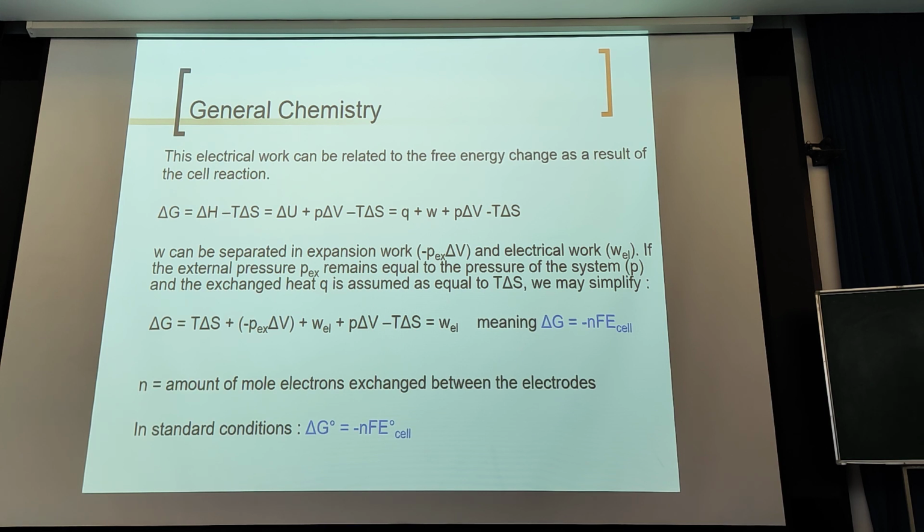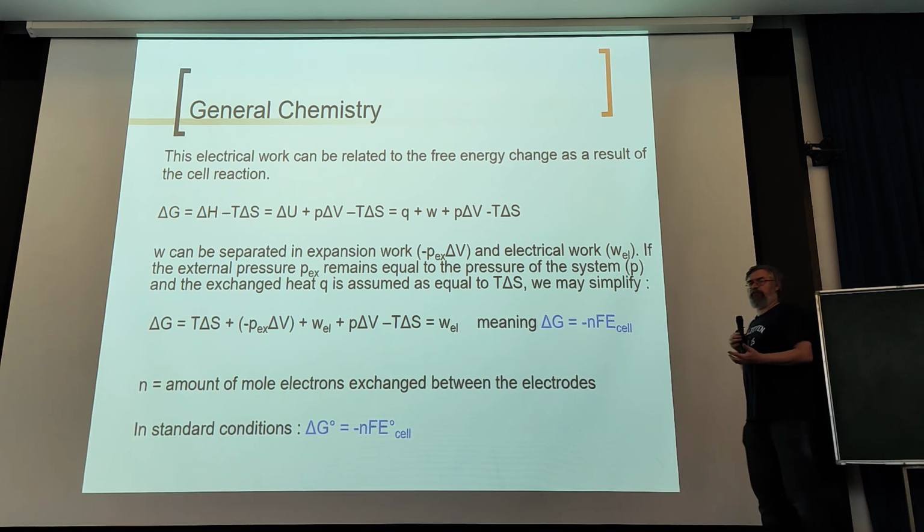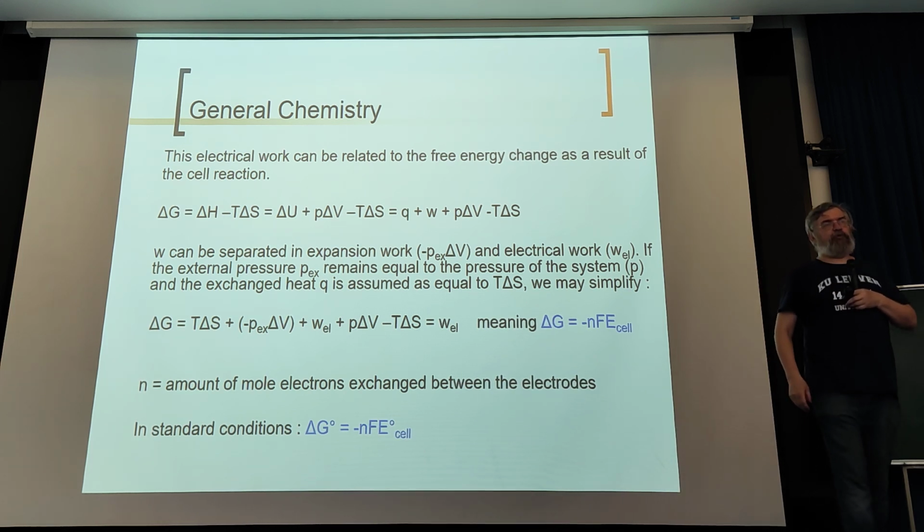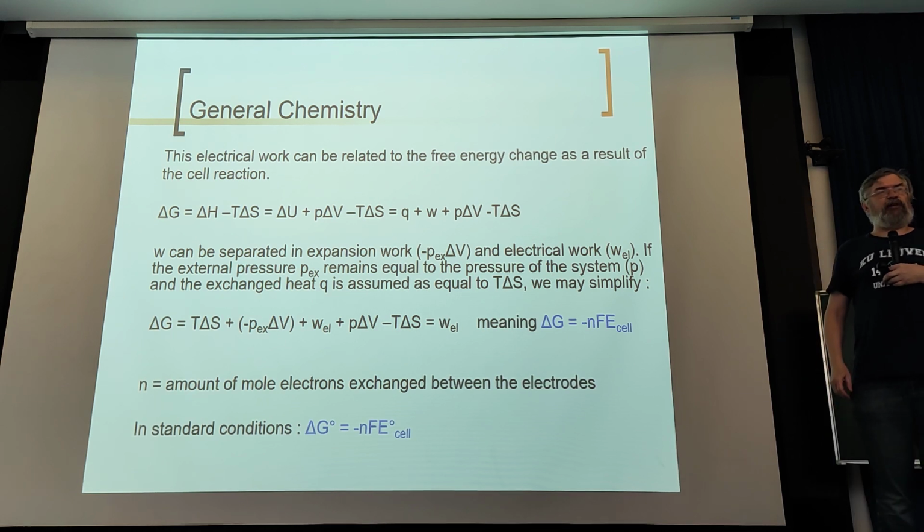We can also write that in the standard form, of course. That is delta G standard is minus NF, and then we also have to use the standard potential. And these standard potentials are in fact available in tables. And you can look at your table 11 to find it.